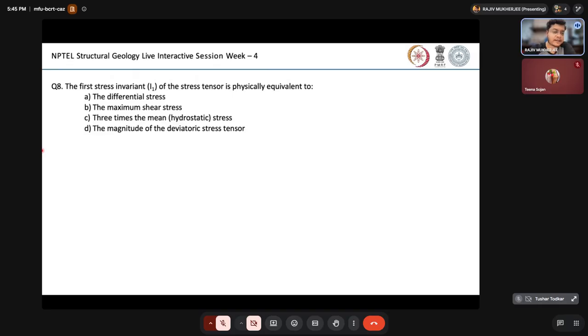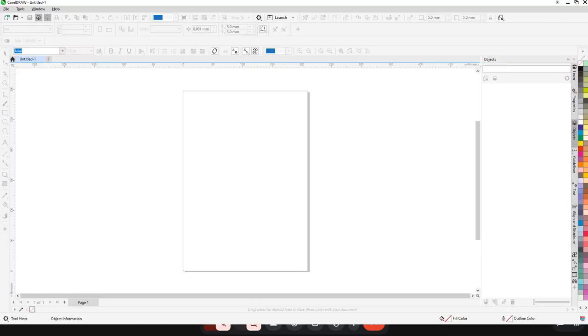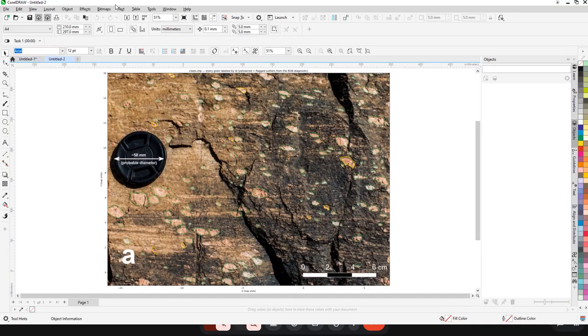I will give you some time to work through this question. You have to find the relation; it has to be represented either in terms of the differential stress or in terms of the hydrostatic stress.